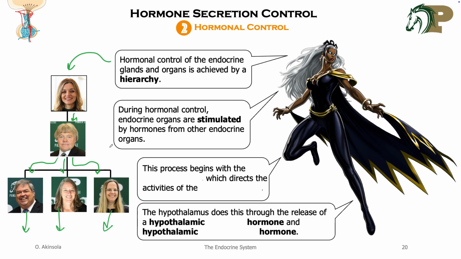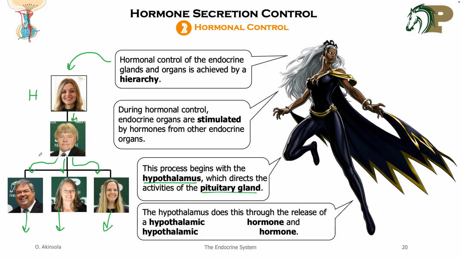So during hormonal control, endocrine glands are stimulated by hormones from other endocrine organs. The process begins with the hypothalamus, which directs the activities of the pituitary gland. If we're coming back to this example over here, Dr. Pace is the hypothalamus.